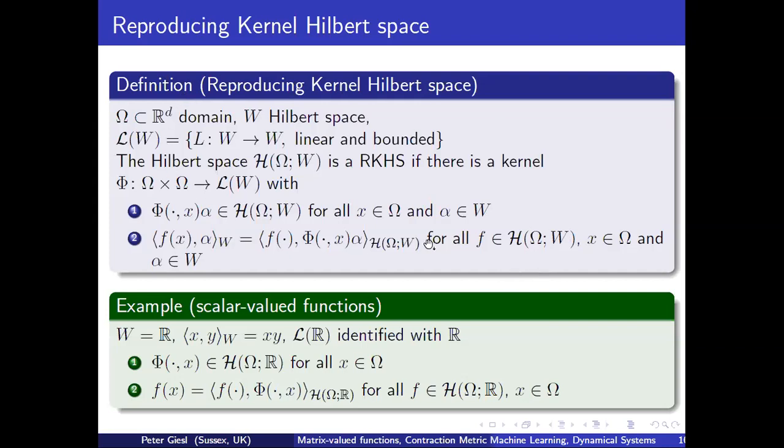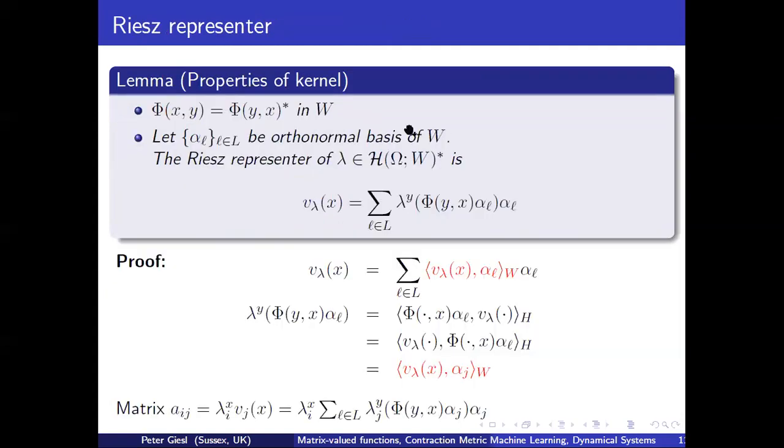But this is now fit for purpose, because now W is just any Hilbert space. So it could in principle, and will in principle, now be the space of matrices or symmetric matrices. The other thing we were interested in was what properties we can deduce of this kernel, and in particular, what the Riesz representative is.